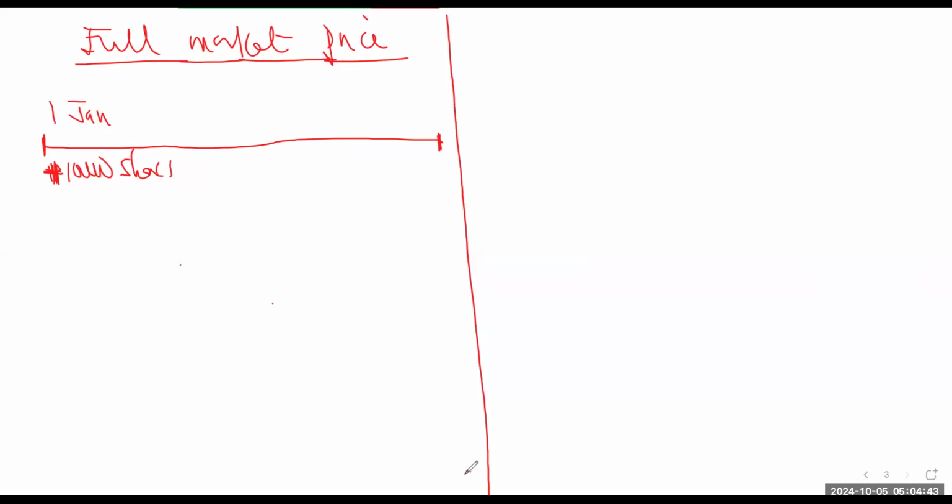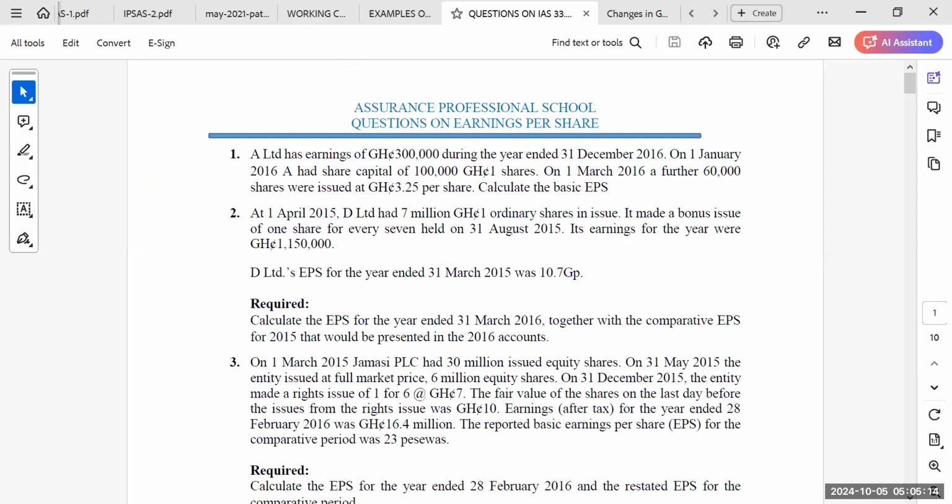So when was the full market issue made? When are they issuing the new shares? 1st March. So we have first March there.